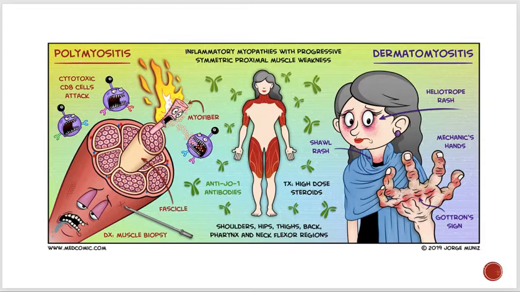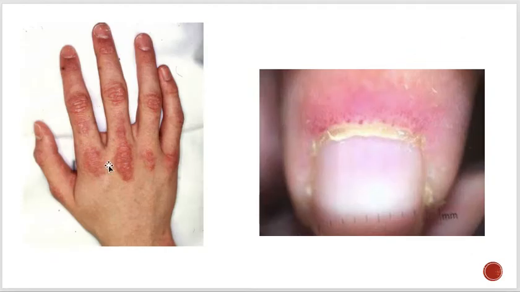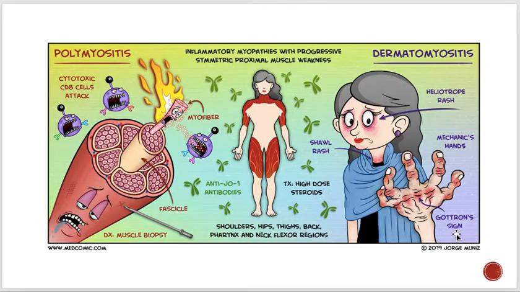Whenever anyone has skin involvement, remember, skin involvement is characteristic of dermatomyositis, right? And it is present more in females than males. One of the things is called Gottron papules, G-O-T-T-R-O-N, Gottron sign or Gottron's papules.